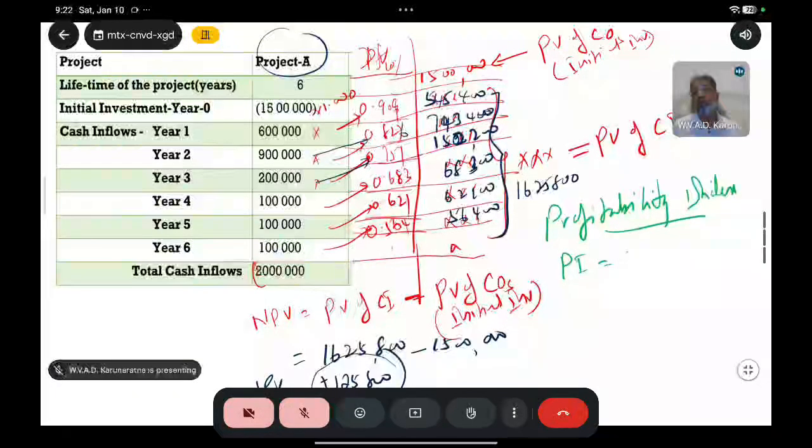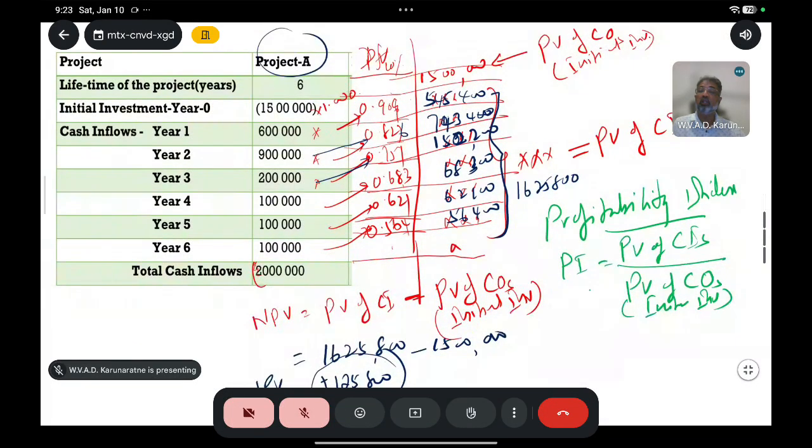Profitability index equals present value of cash inflows over present value of cash outflows, the initial investment. For project A, the present value of cash inflows is 1,625,800 over the initial investment of 15 lakh or 1.5 million. Then you can obtain the answer.